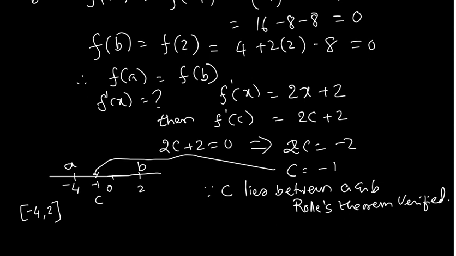Okay. So he's asking, even in the sixth question, examine the applicability of Mean Value Theorem for all 3 functions given in the above exercise 2. Exercise 2 meaning his question number 2. That's what he means, sixth question.